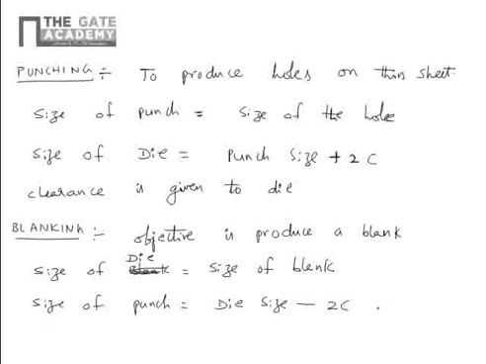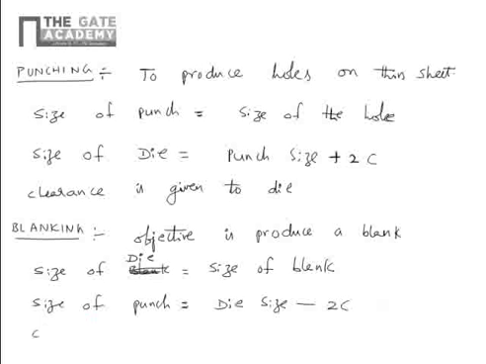In the problem, he will give the size of the blank produced and ask for the die size or the size of the punch. If you want to produce a circular blank or coin-shaped component of diameter 10, then the die size is 10. Punch size is always less than die size, so you have to subtract the clearance.